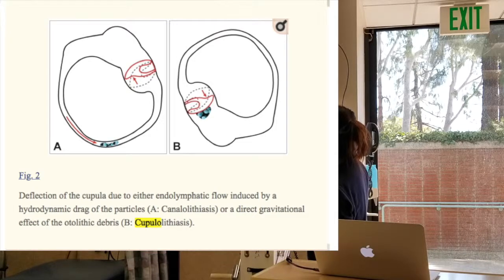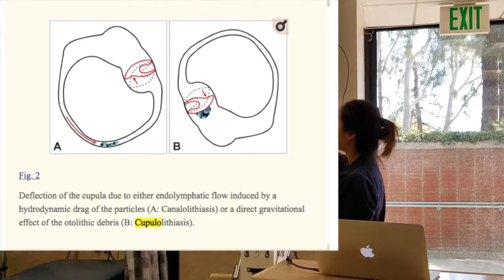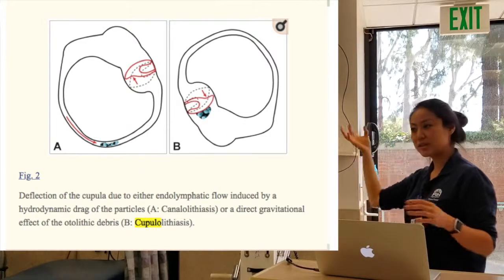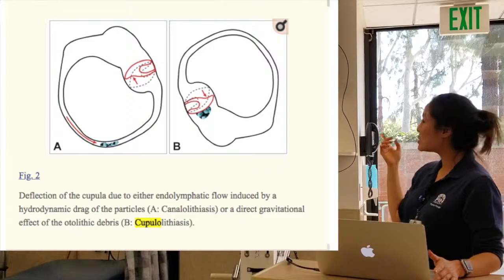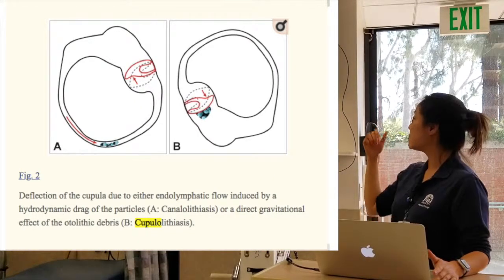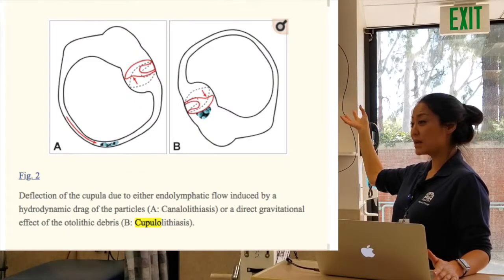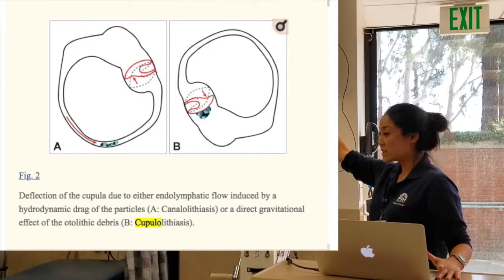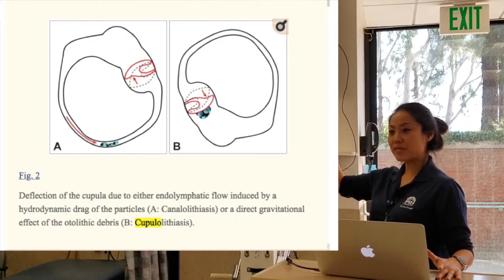For the stuck one, you can see the debris is actually stuck on the cupula itself. And so when you turn and the gravity pulls on it, it deflects the cupula because it weighs down the cupula. So it just makes the cupula heavier. And that's why if it is stuck, you'll see the nystagmus right away, because it'll deflect the cupula right away because of the weight. Whereas if it's free floating, sometimes you'll have a bit of a delay.